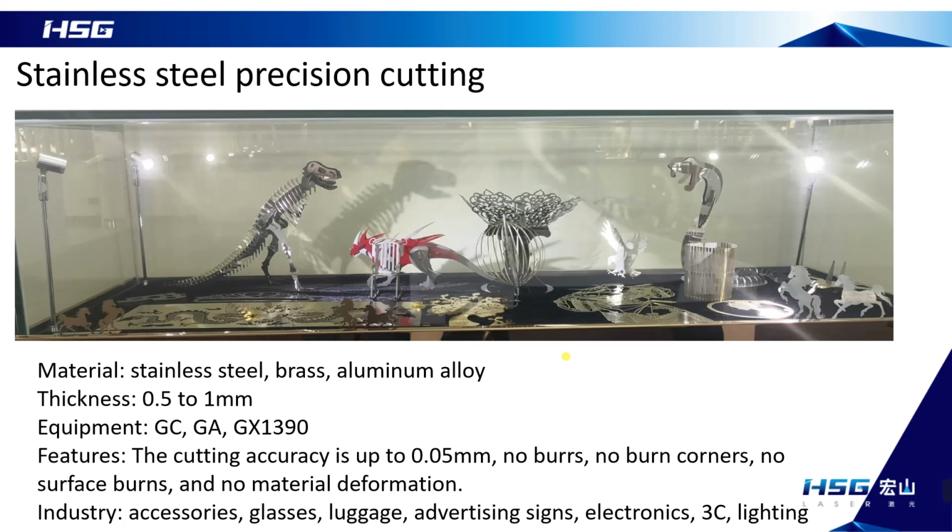What we require is no burns on the surface and no obvious deformation of the material. It is mainly used in industries including accessories, glasses, bags, advertising, logo, electronics, 3D, digital, and lighting.